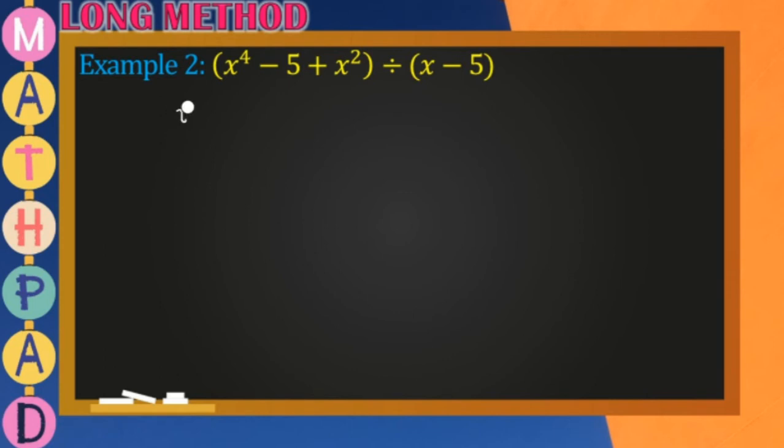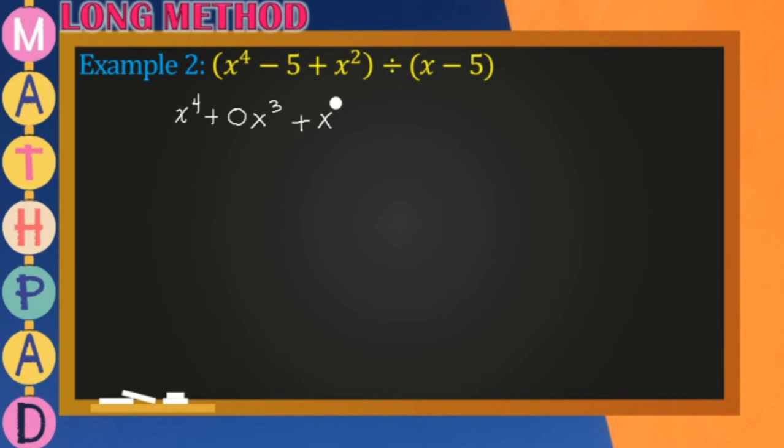So we have here x raised to 4. Then, dapat decreasing power, di ba? Ang kasunod niya dapat yung may 3 na exponent. But since wala, we have to replace the missing term with a term with 0 coefficient. Okay? So, that's 0x cubed. Then, next ay yung may exponent na 2.